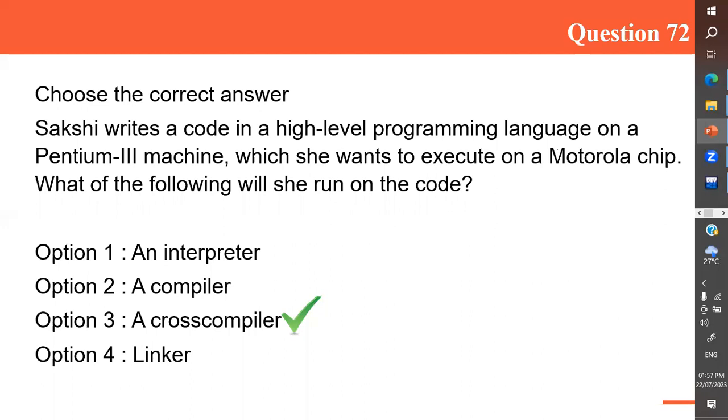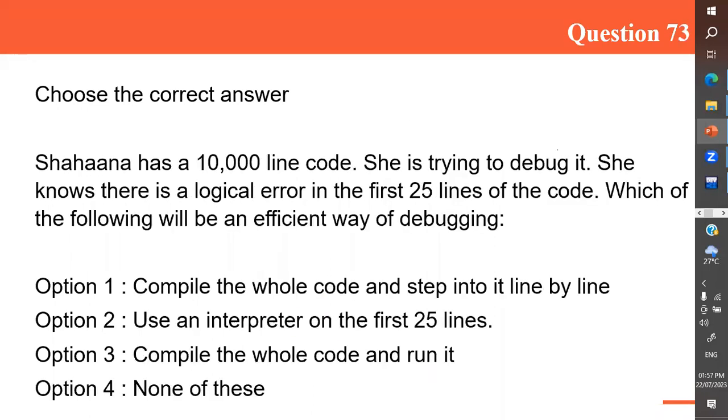You need to remember these things. Hope you can remember; if not, make a note or take a screenshot. The previous question's answer I told: both hardware and operating system. This one, cross compiler. Please try to remember these things.